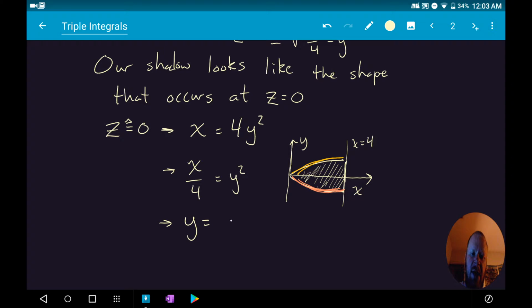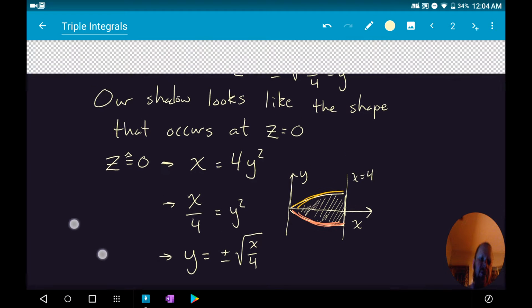So that means that y is equal to plus or minus the square root of x over 4. There we go. So y is plus or minus root x over 4.